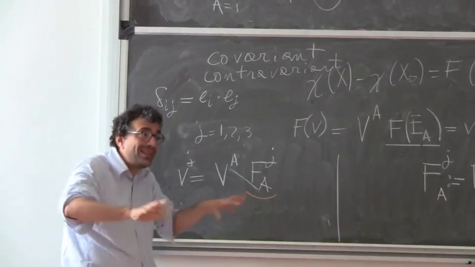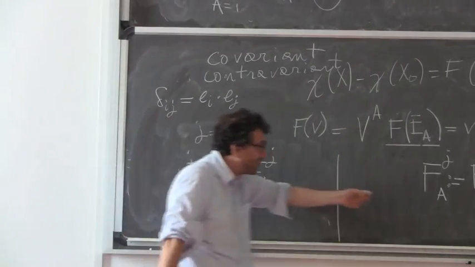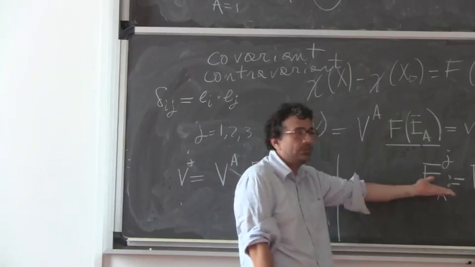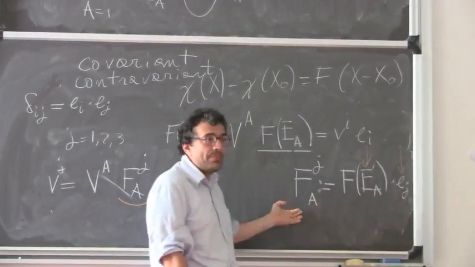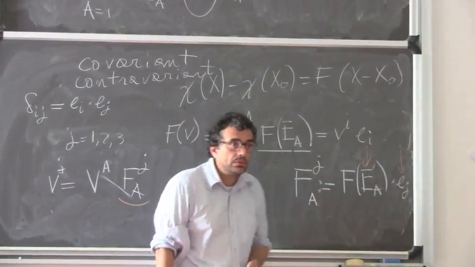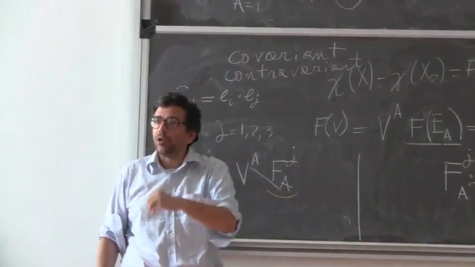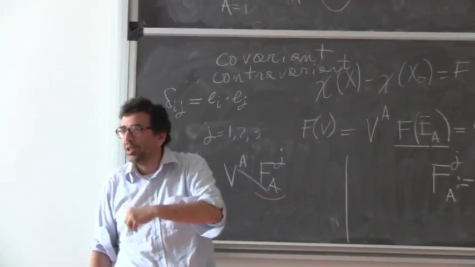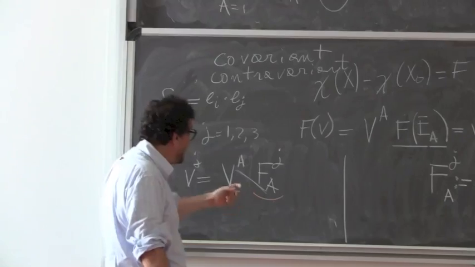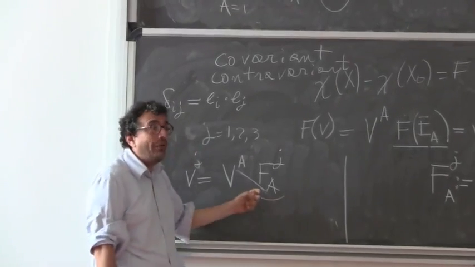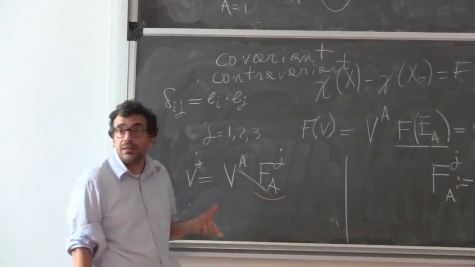But if you change the basis, one of the two or both of them, this matrix is changing. Look, if I change capital E or small e, these numbers are changing. So not only do the vectors have components which change with the change of the basis, but also the representative matrix of a linear application changes when you change the basis.